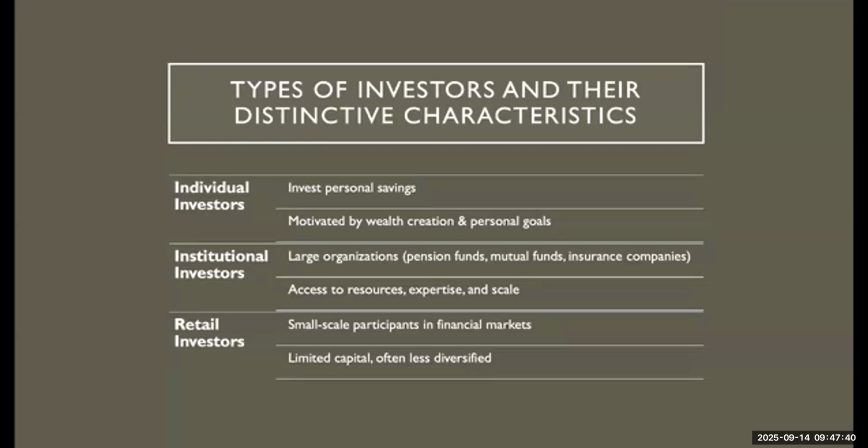Now, the third type of investors are your retail investors. Retail investors are often confused with individual investors. There is one difference between them: retail investors typically invest in small amounts through brokers or through online platforms.